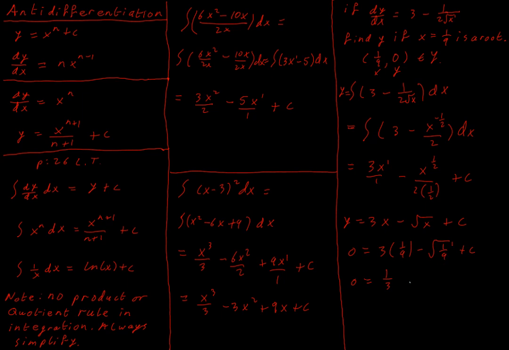Square root of a ninth would be a third. So in this case, c is equal to 0. So my original y function I can write down is 3x minus square root of x.